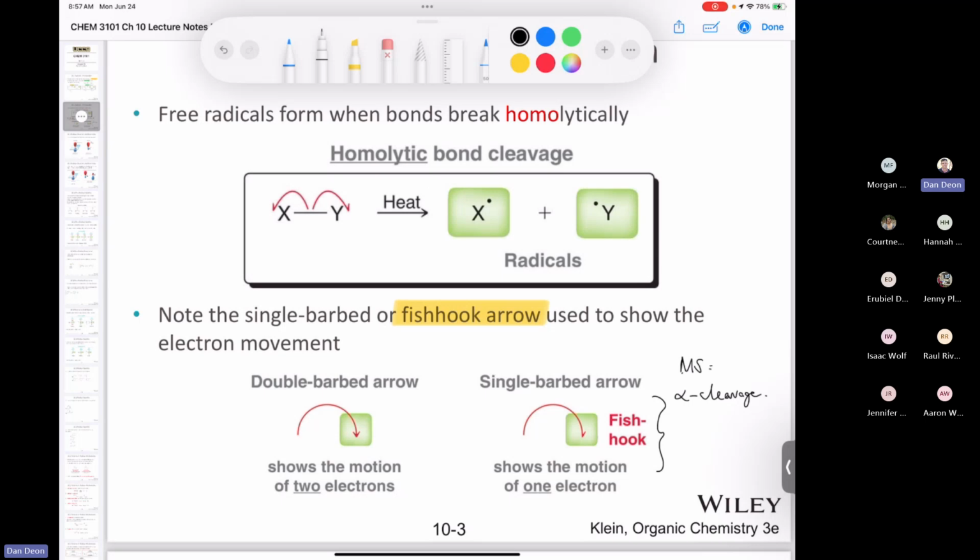What else did we look at? We looked at McLafferty rearrangement in mass spec. I think those are the main ones that we looked at that involved fishhook arrows. But I told you back in chapter 14 that you didn't have to know how to draw them.